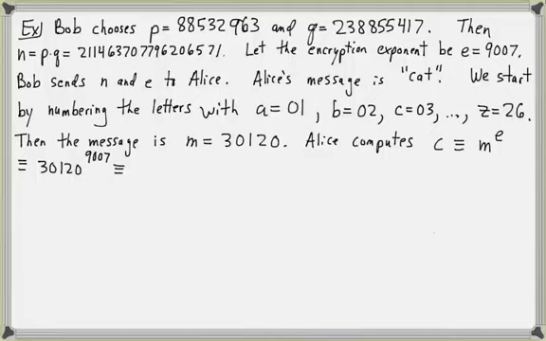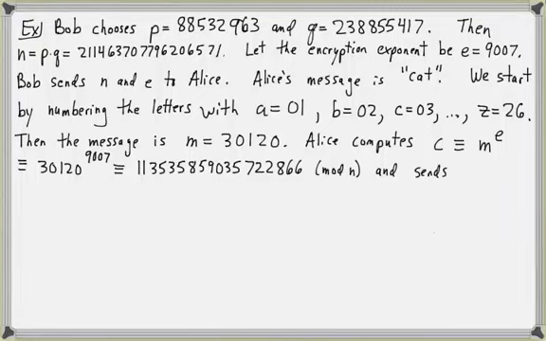Which, when you reduce mod N will equal 11355859035732866. So there's the ciphertext that Alice would send to Bob. So she sends C to Bob.